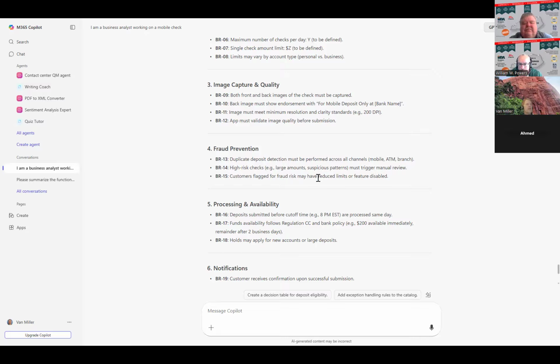Yep, that was in the case study as well. Customers flagged for fraud risk may have reduced limits or features disabled. I don't remember seeing that, but not a bad idea.